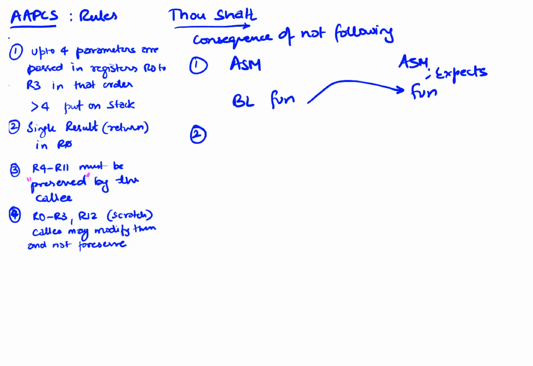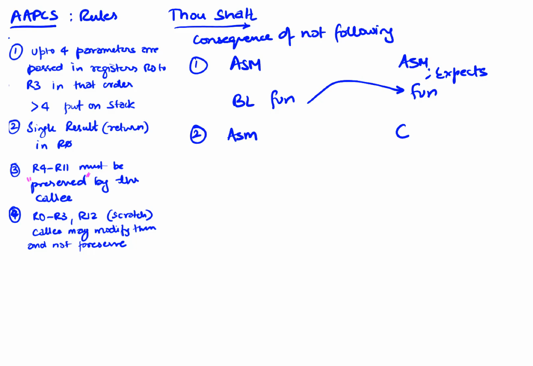Let's say somebody wrote some assembly code, and there's a C function. Now we can have C calling assembly or assembly calling C. Which one should we do first?